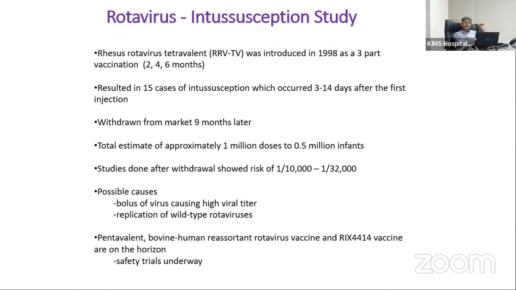That is a theoretical possibility because viral loads can enhance Peyer's patches, which are lymphoid tissues, and thickening of the Peyer's patches can lead to intussusception. That's when they came up with the pentavalent vaccine. Rotavirus is blamed maybe because it's a recent one.